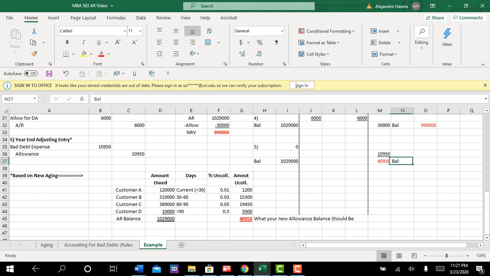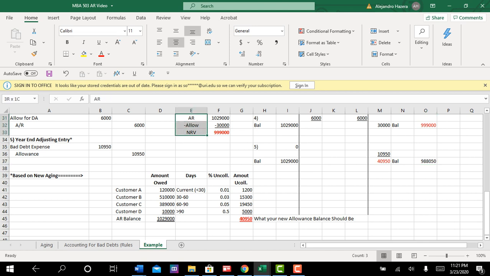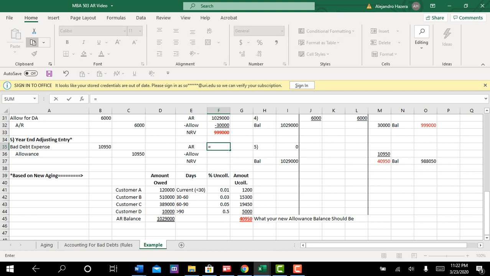And now finally, let's do this. Your new net realizable value in the T accounts is going to be equal to your accounts receivable balance less your allowance balance, which is 98805. I'm going to go ahead and recreate this. Your new amount on your balance sheet: accounts receivable is $1,029,000.